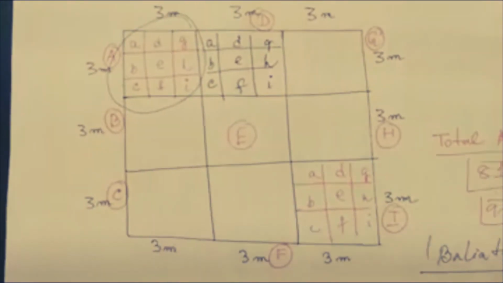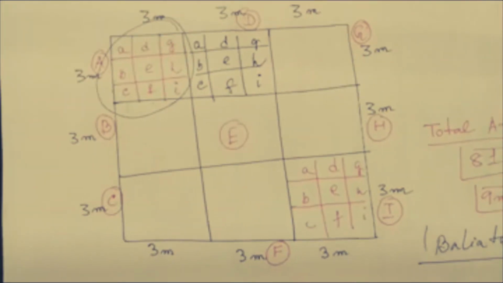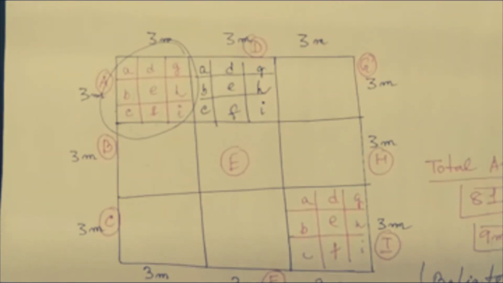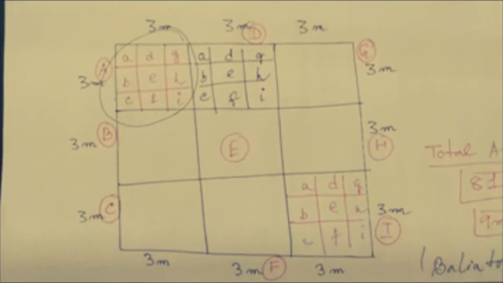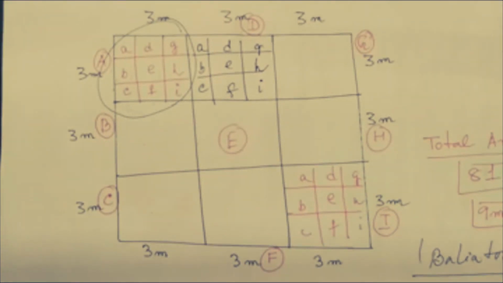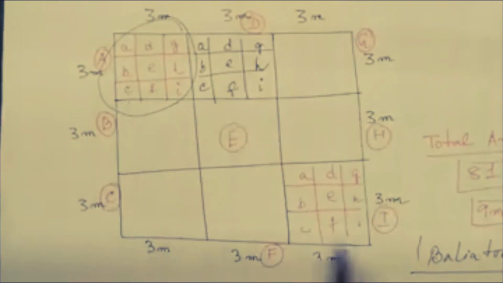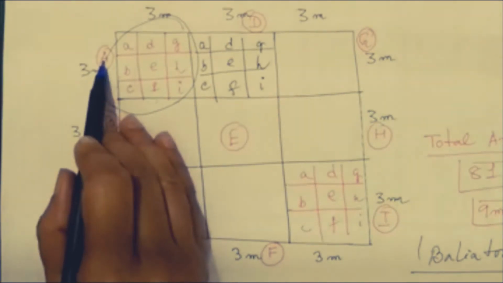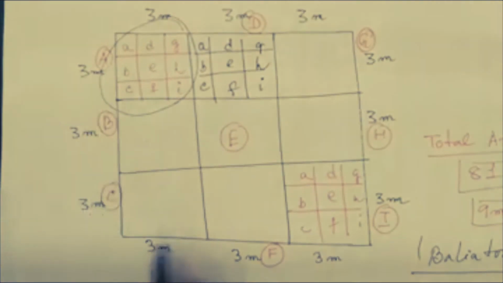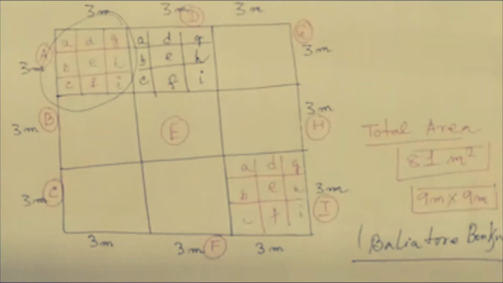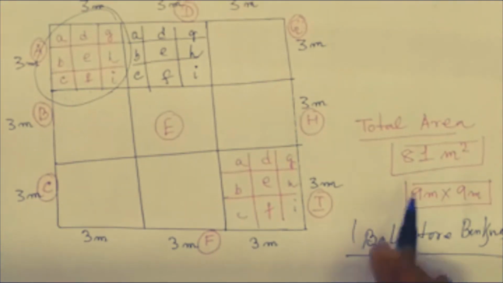Okay, suppose this is the grid. A group of students went for a field study and they prepared a grid in the field, a square grid or quadrat in the field. This is a 9 meter by 9 meter area coverage, that is 81 square meter area coverage.